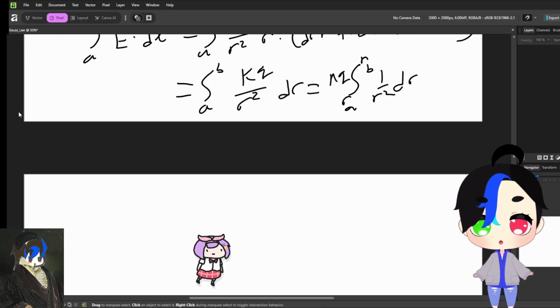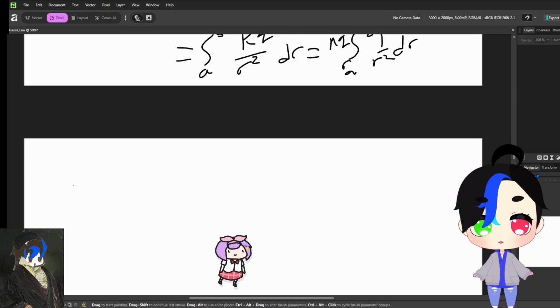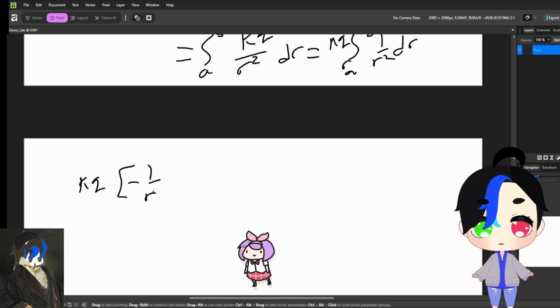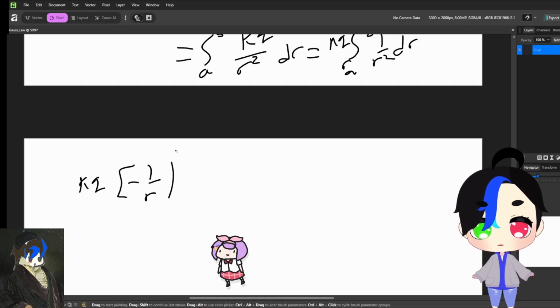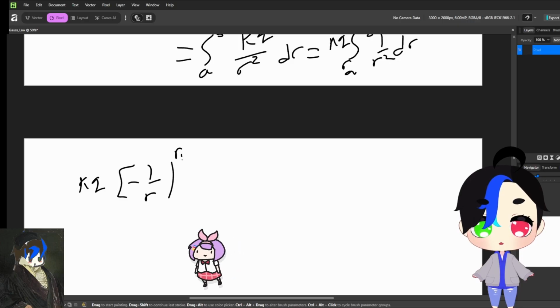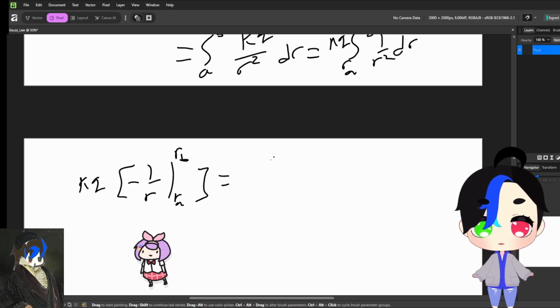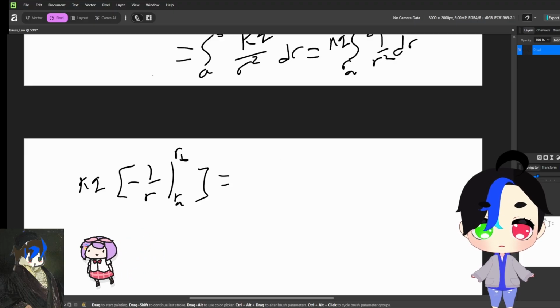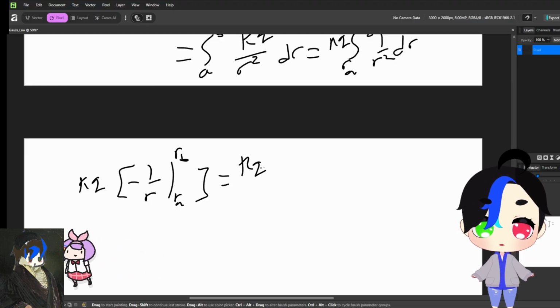So the integral of 1 over r squared ends up being minus 1 over r, evaluated, where the straight bar just means evaluated from rb to ra. So that becomes kq times (1 over ra minus 1 over rb).